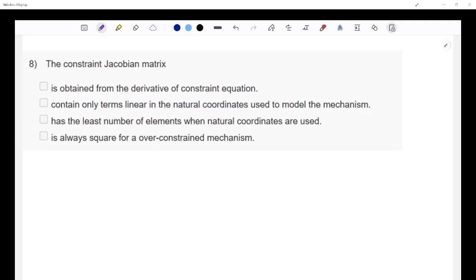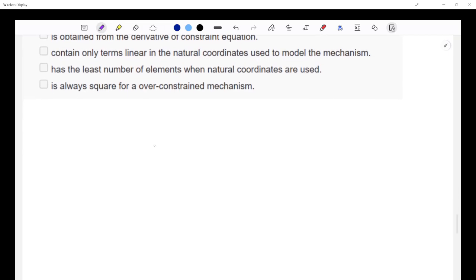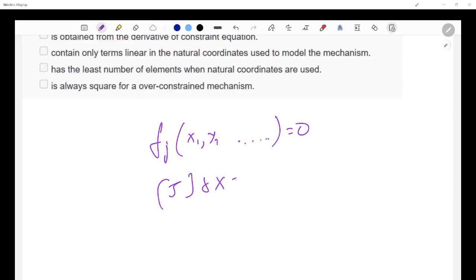How is the Jacobian formed? We start with constraint equations, right? F_j of x1, y1, etc. is equal to 0. When we differentiate, we get Jacobian times delta x is equal to 0. So the Jacobian comes from the derivative of the constraint equation. Why are terms linear?